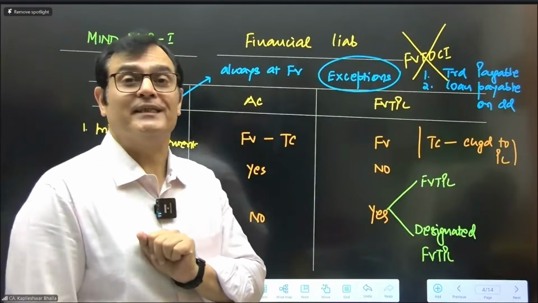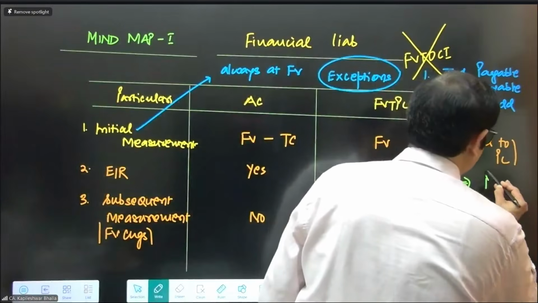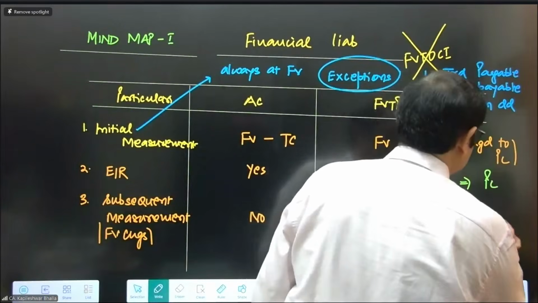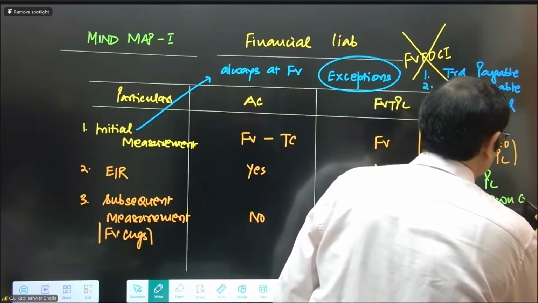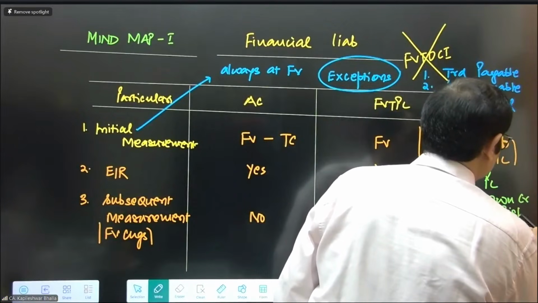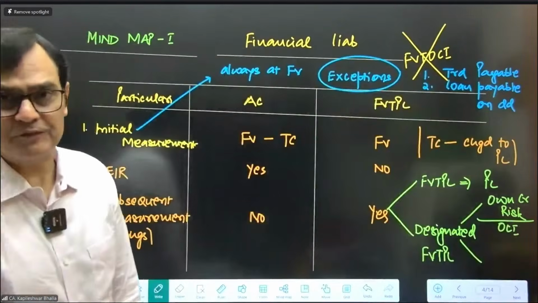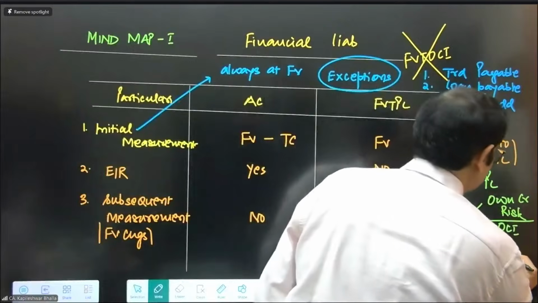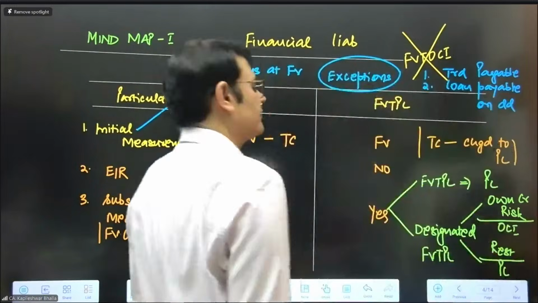That's absolutely correct. So in terms of FVTPL, the changes are taken in the P&L. But if it is designated, then whatever is the change due to own credit risk is taken in other comprehensive income, and the rest of the fair value changes is taken in the profit and loss.